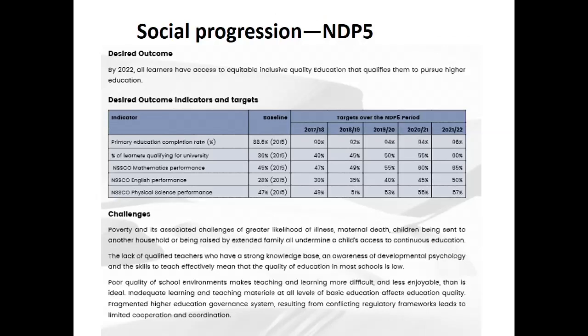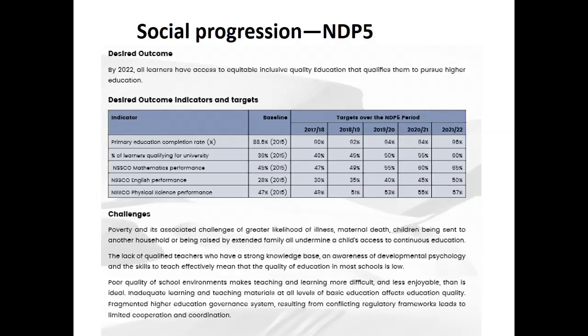You have Vision 2030, of course, for Namibia, but 2030 is far. So here we are talking about the plan that we have now. This is from 2017 until 2022. It's a 5-year plan.